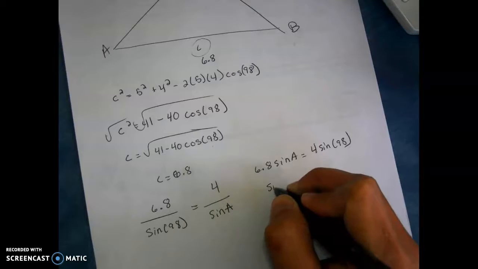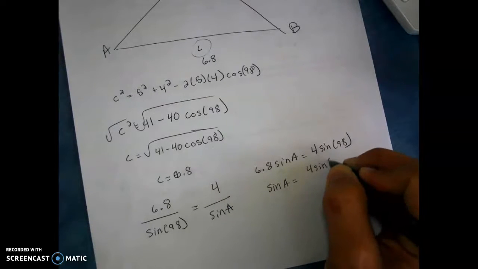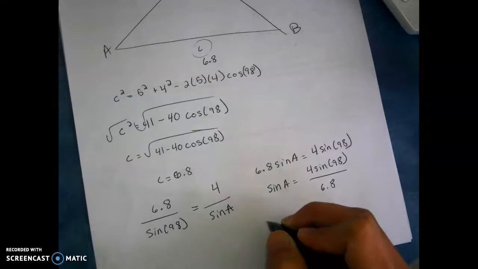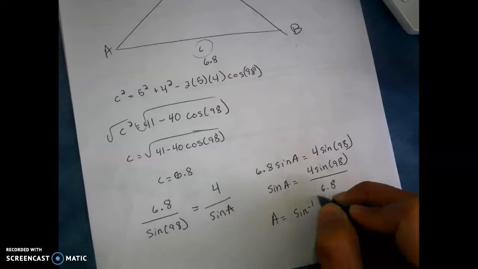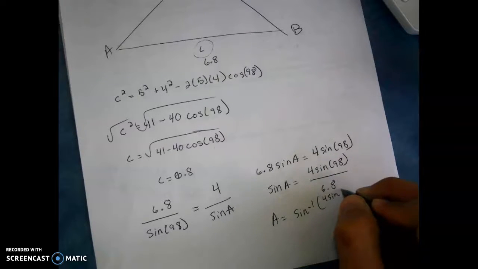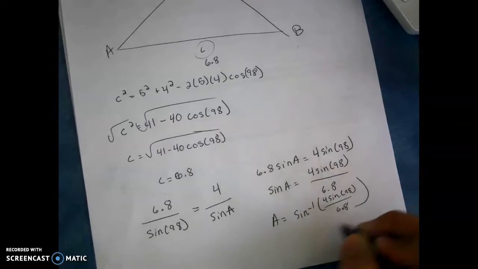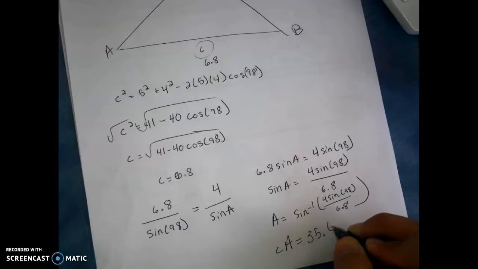This gives me sine of A is equal to 4 times the sine of 98 over 6.8. Take the inverse. I get A is equal to the inverse of sine of 4 times the sine of 98 over 6.8. Plug that in my calculator. I get angle A is equal to 35.6 degrees.